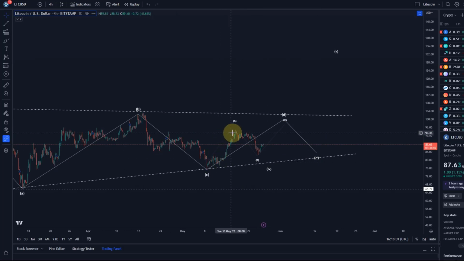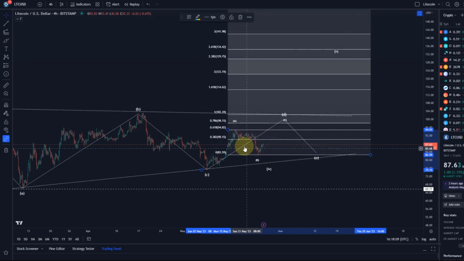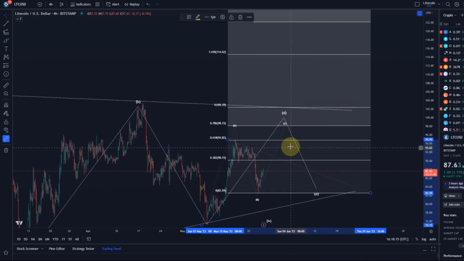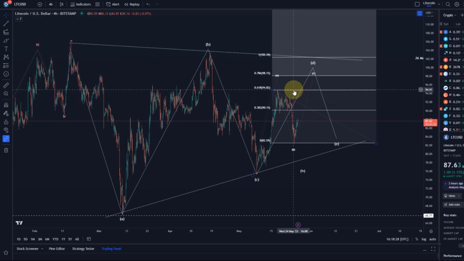And because we have an A wave and a B wave, we can now calculate a likely target for the C wave. We typically look for the very first target at the 61.8 extension, and that's here 94.80. I would be watching that level. That's also the previous high. Then we've got 98.15. And then the $102 level, which is the 1-to-1 ratio, which is just below the B-Wave high. So these are the relevant levels of interest.